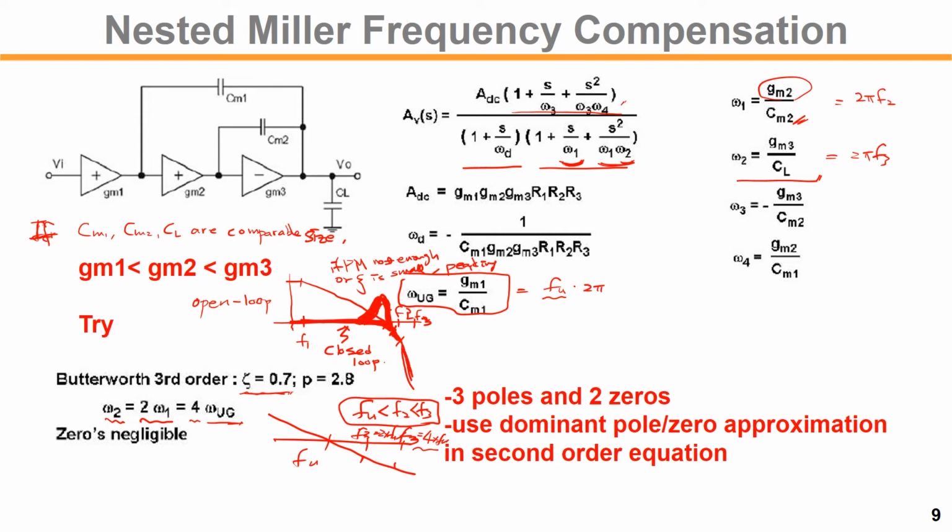Okay. So here we just assume that the zero effect is negligible, but in fact, when you design and a zero happens, that will actually affect the characteristic, but that will require more complicated analysis. But we will see this zero location affects the phase margin and also the damping factor.